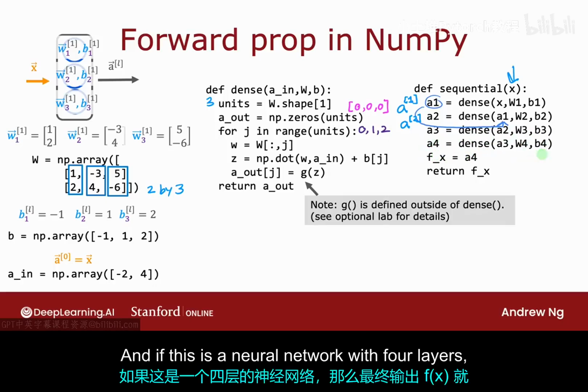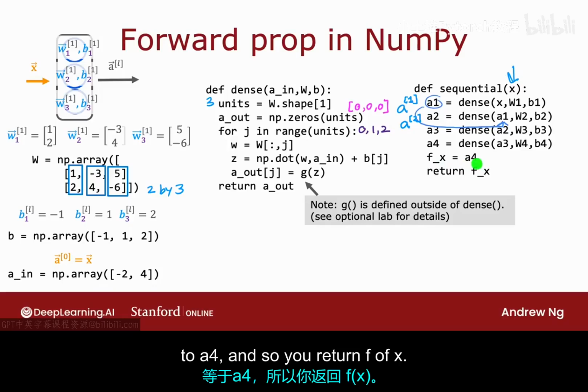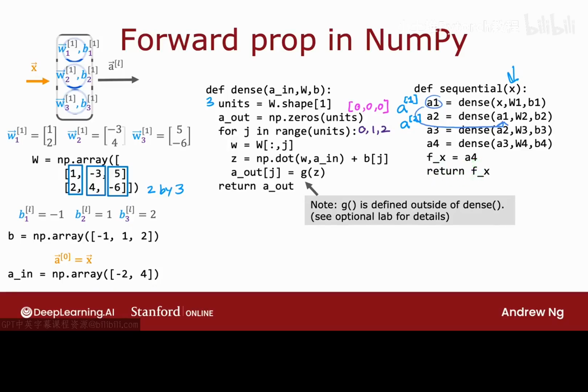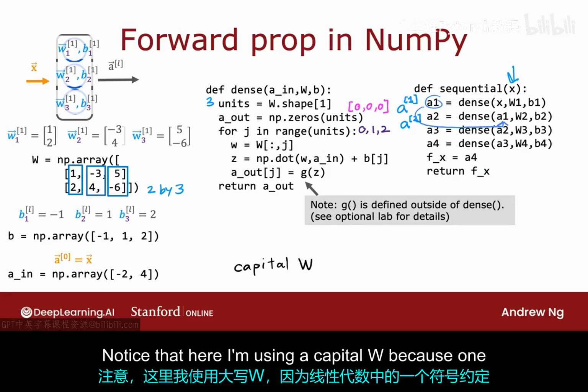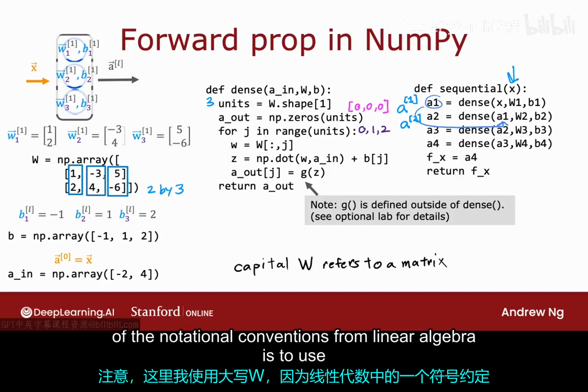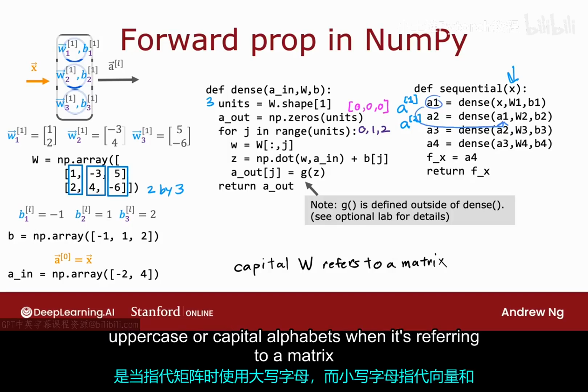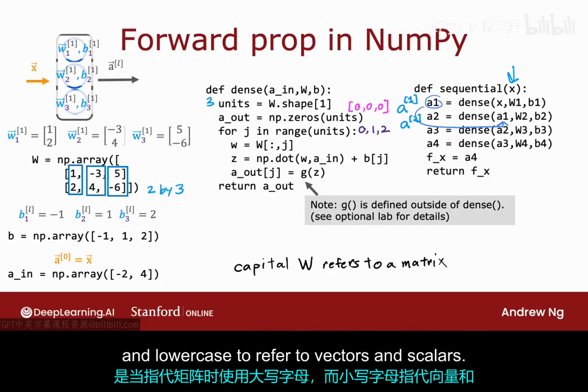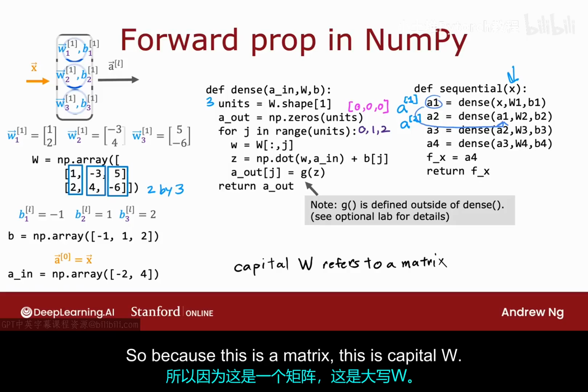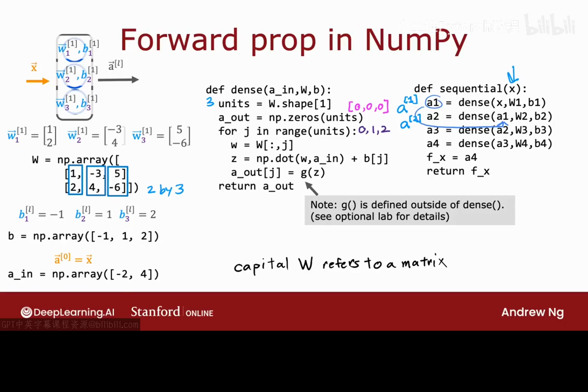And if this is a neural network with 4 layers, then the final output, f of x, is just equal to A4, and so you return f of x. Notice that here I'm using a capital W because one of the notational conventions from linear algebra is to use uppercase or capital alphabets when it's referring to a matrix, and lowercase to refer to vectors and scalars. So because it's a matrix, this is capital W.